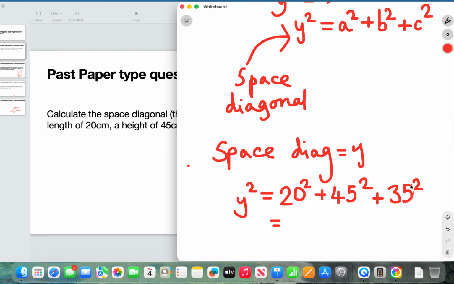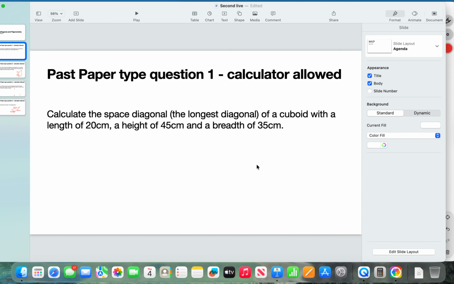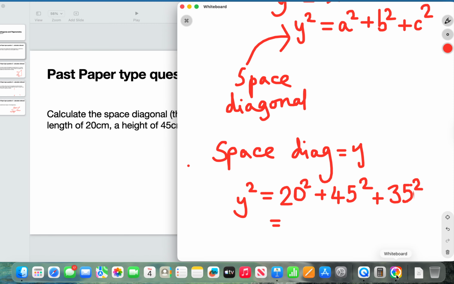If you plug that in, you put in 20 squared plus 45 squared plus 35 squared. And just watch for BODMAS. You have to be really careful of this. And that's 3,650.